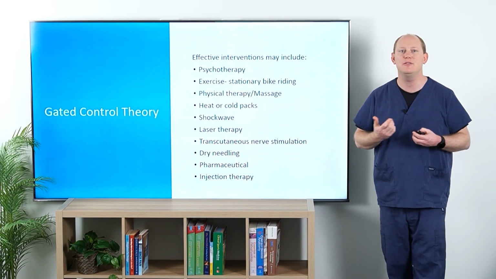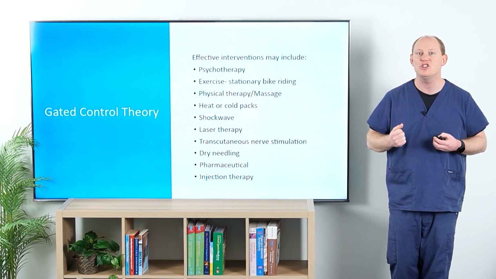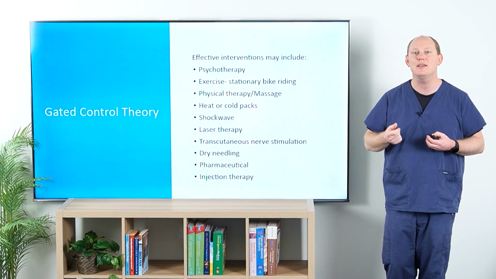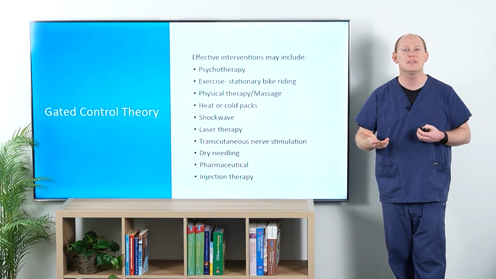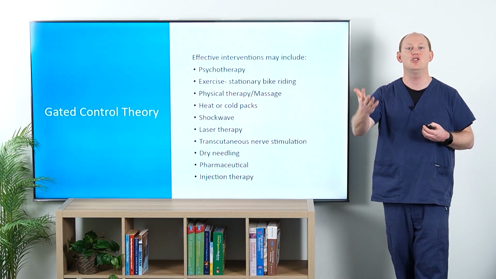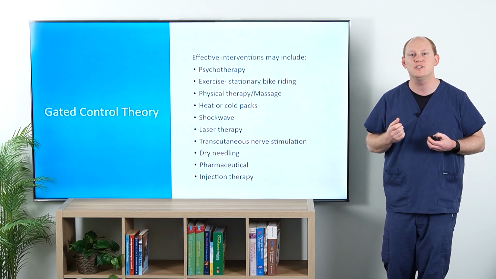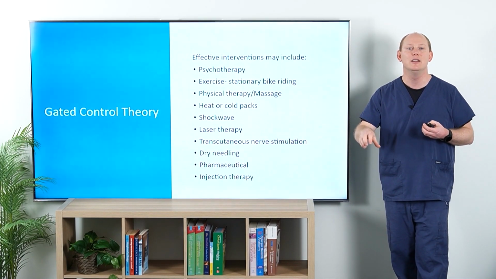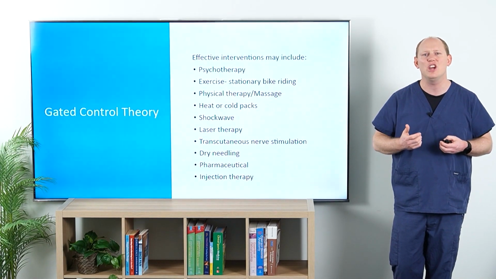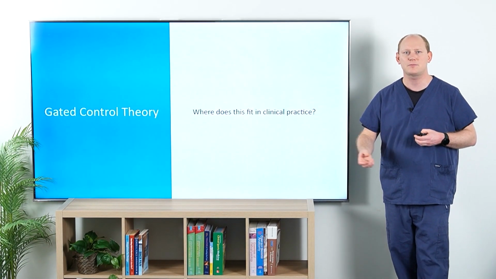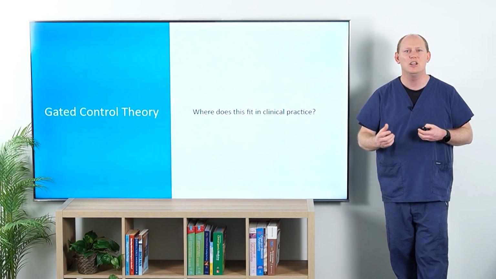Through some of our effective interventions like psychotherapies, exercise, even if it's a stationary bike, physical therapy and massage, touch, really important there, heat or cold packs, and then we start talking about our shockwave therapy, our laser therapy, our transcutaneous nerve stimulation, dry needling, our pharmacological, and then some of our injection therapies as well. And that's what we're really looking at to put into clinical practice.